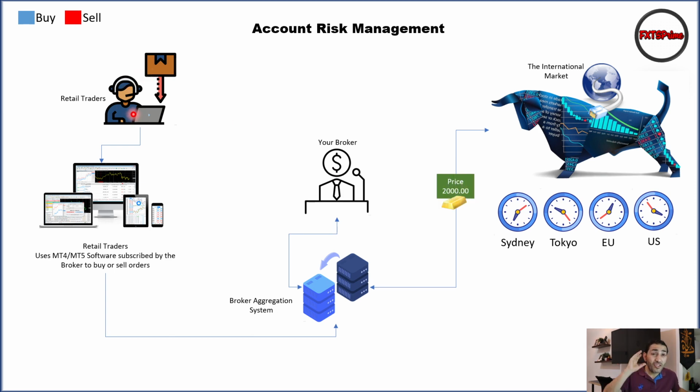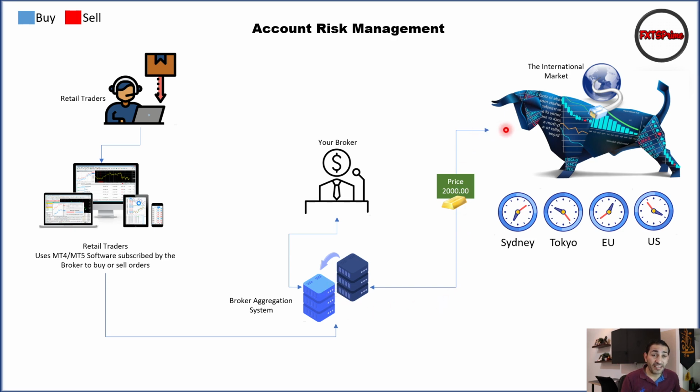Now imagine that you have given an order to the MetaTrader to buy 1 ounce of gold, for example, and that goes to the aggregation system of the broker, which is connected to the market. What does the aggregation system do?